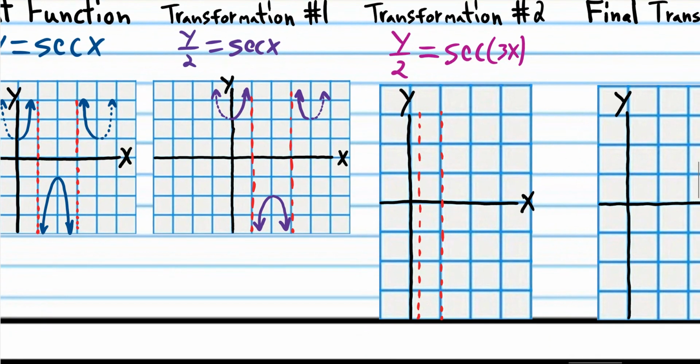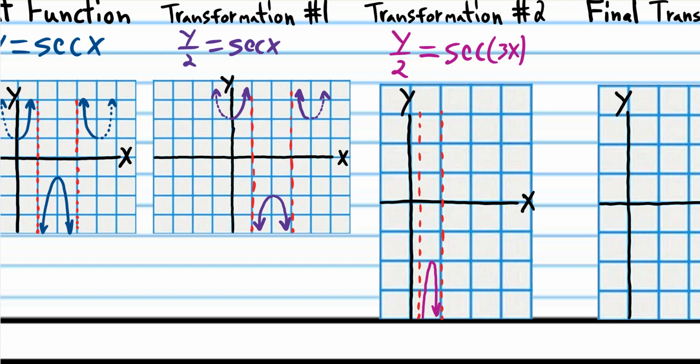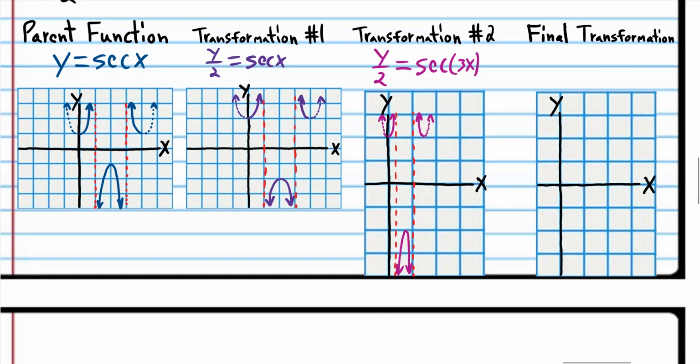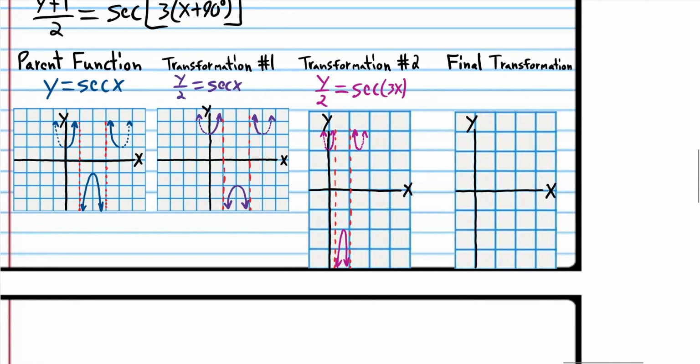So now the graph looks like this at the bottom, and like this at the top. And over here it looks like that. So again, I know that's kind of hard to graph, but just try your best.